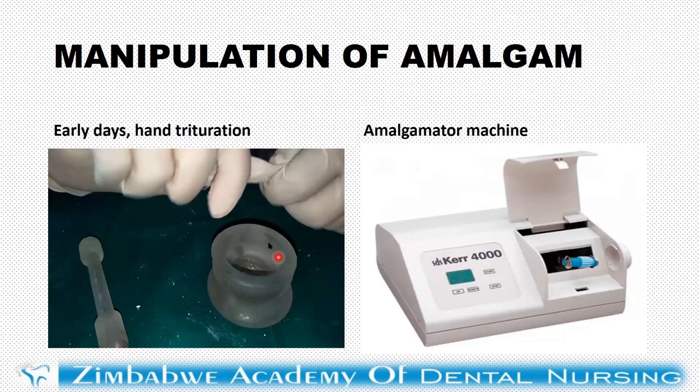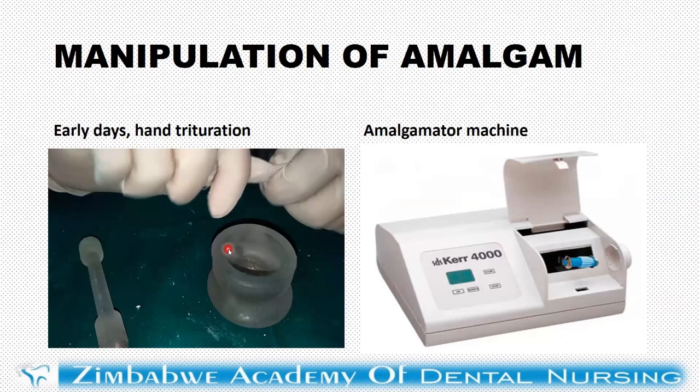But years back, as you can see on your left, the dental surgery assistant used to do it manually. And they even had to squeeze out excess mercury so that they end up with a correct texture of the amalgam. And this person is wearing gloves to try and prevent mercury from being absorbed via the skin.